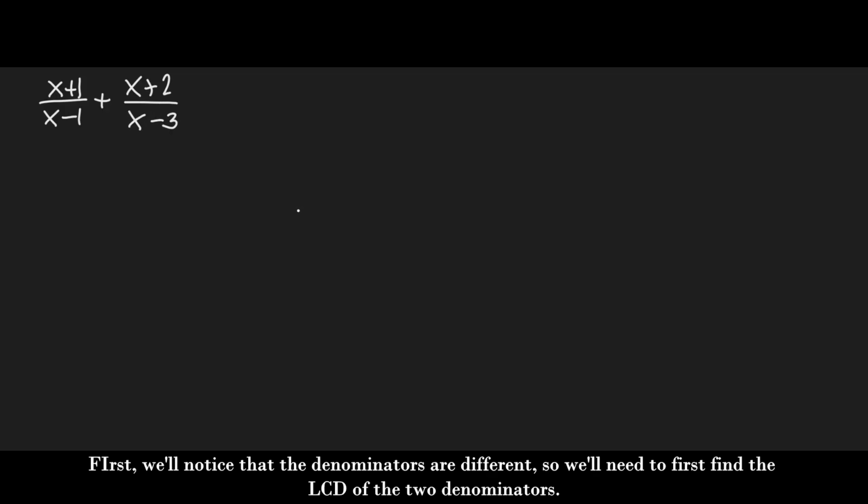Let's try adding x plus 1 divided by x minus 1 plus x plus 2 divided by x minus 3. First, we'll notice that the denominators are different. So we'll need to first find the LCD of the two denominators.